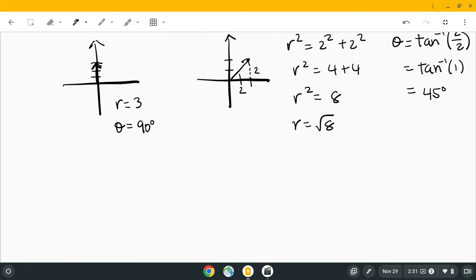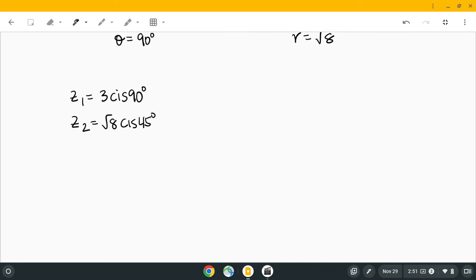All right, so Z1 is 3 cis 90. And Z2 is square root 8 cis 45. Okay, so then the product, Z1 times Z2, is going to be 3 cis 90 times square root 8 cis 45.